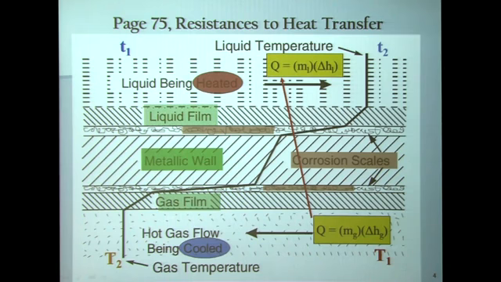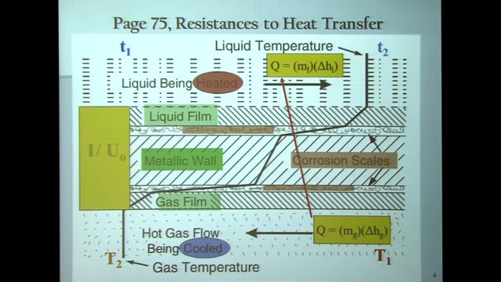You have the metallic wall that offers a resistance to heat transfer, which is a function of the thermal conductivity of the metal being used in the heat exchanger. And you have a liquid film on the liquid side that also offers a resistance to heat transfer. If you sum all these resistances up and take the inverse of it, that gives you the calculation of your overall heat transfer coefficient, U.